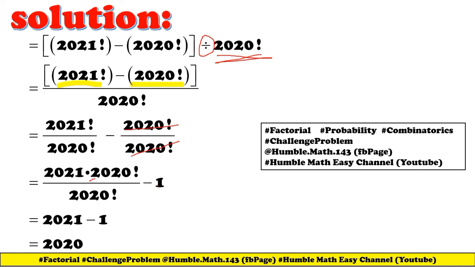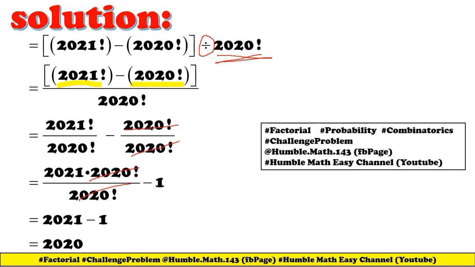So we have now canceled with that. What is remaining in the first term is 2021, then copy the minus 1. So we have 2021 minus 1, and the answer that we have is 2020.